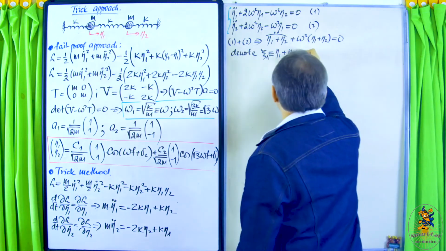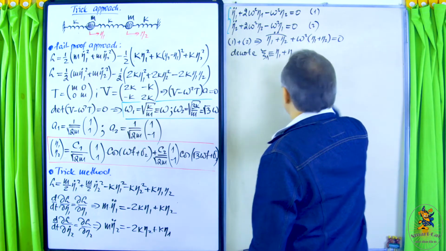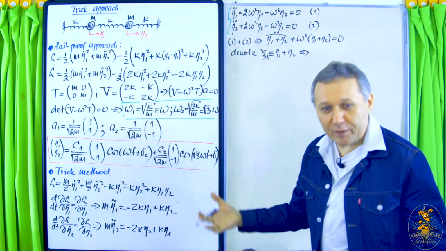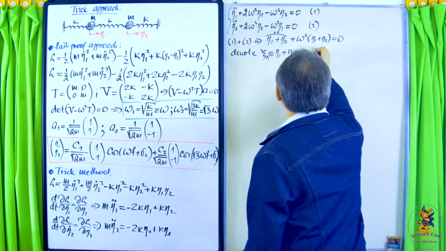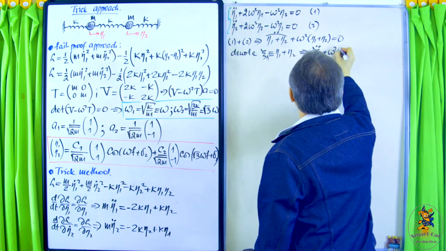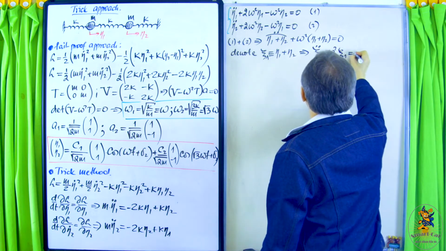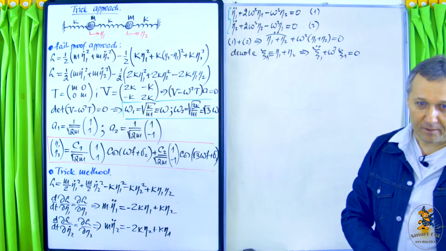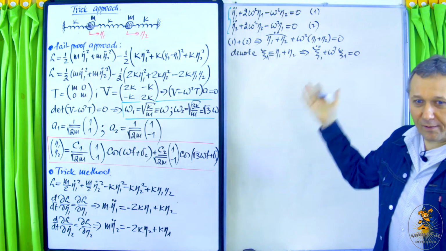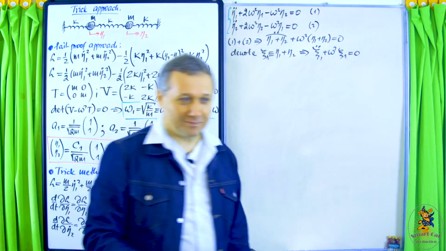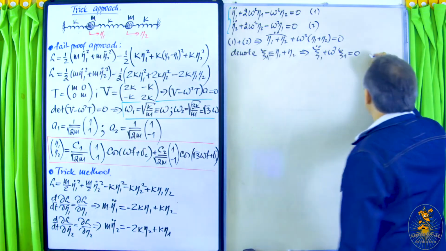So now, of course, the differential equation is trivial and decoupled. It depends only on the newly introduced coordinate psi 1. So psi 1 double dot plus omega squared psi 1 equals 0. The solution of this is a piece of cake, because it's a single oscillator, right? The differential equation is not coupled.